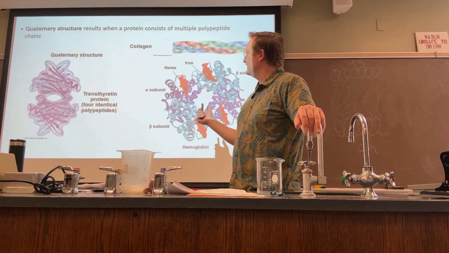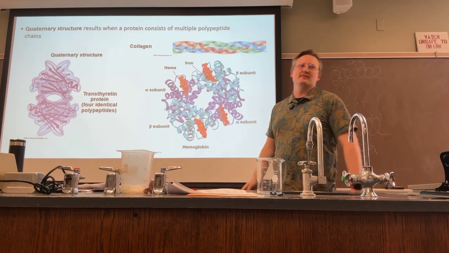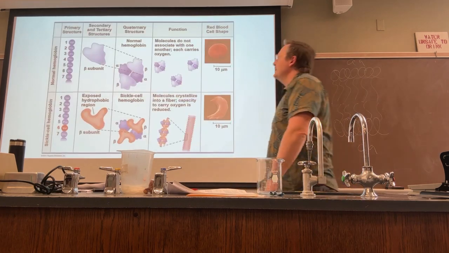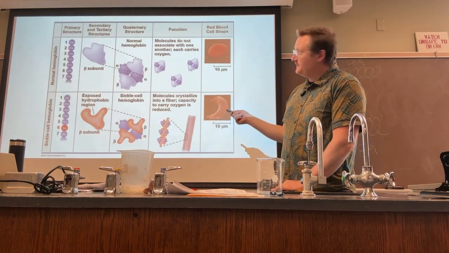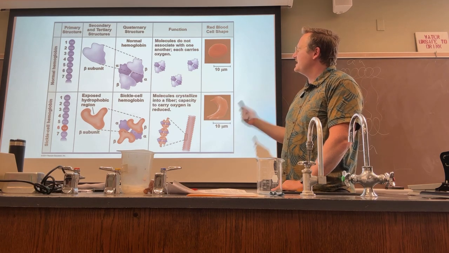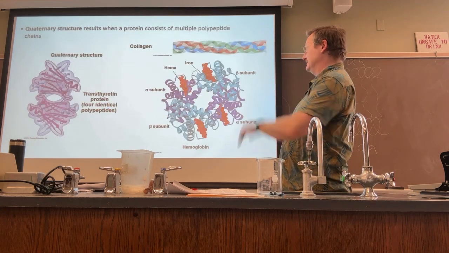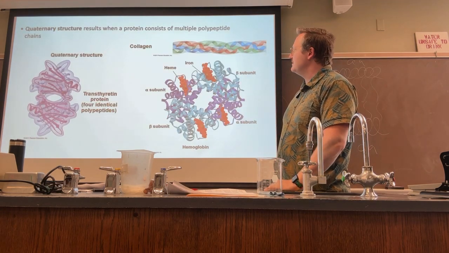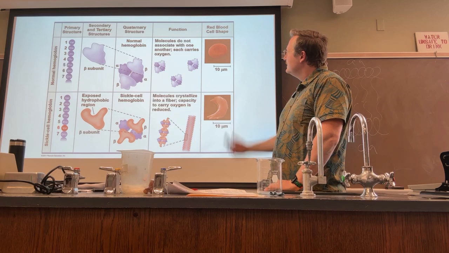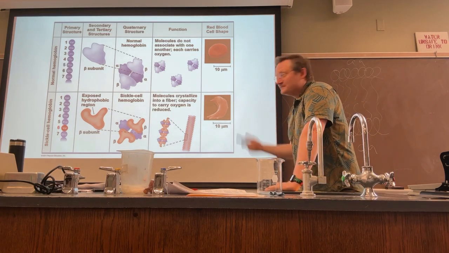If you remember from the previous slide, alpha, beta subunits in a normal hemoglobin. The molecules function normally. They don't click together. They don't associate with each other, and they carry oxygen through the use of basically a cofactor of iron and heme molecules here. All right? And you get a red blood cell with this shape.